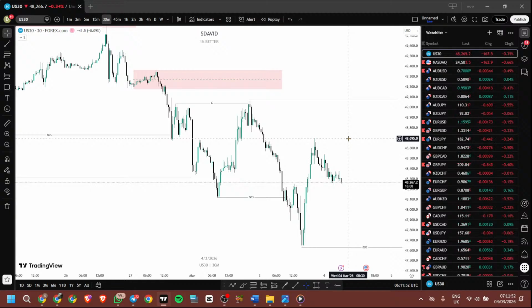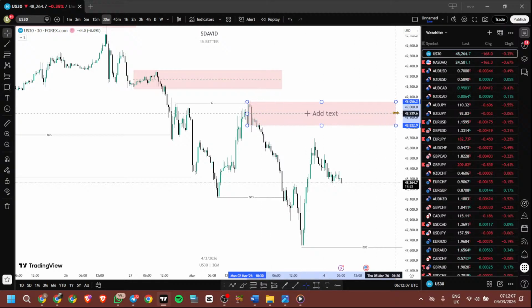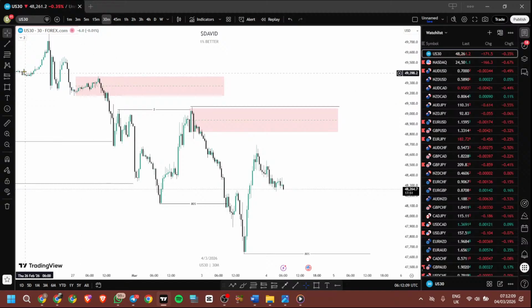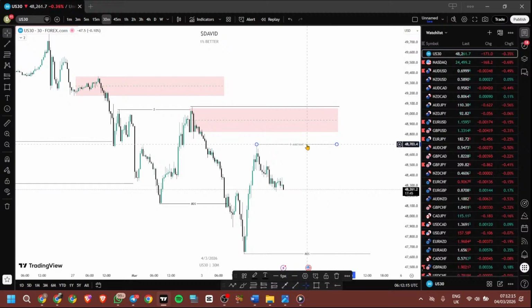Price came into this fair value gap right here. Now, do you think price can come to this other block? This other block here. Anywhere within this zone. And likely use here as the inducement. It's very possible.